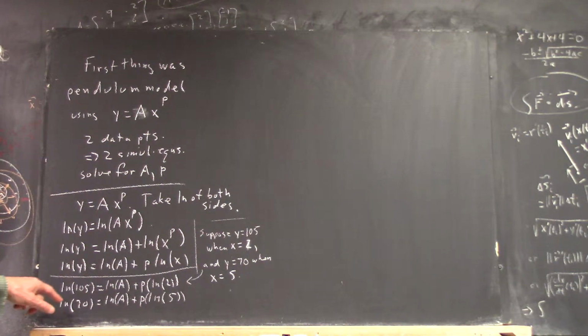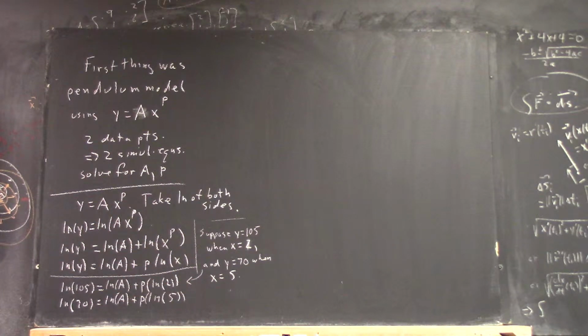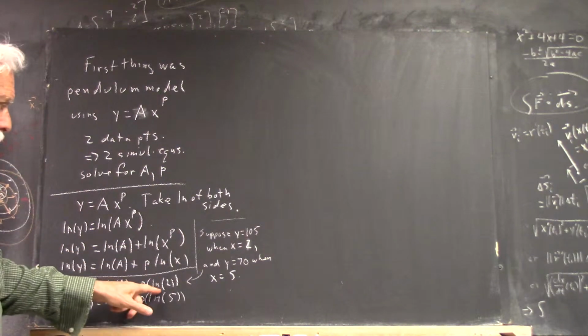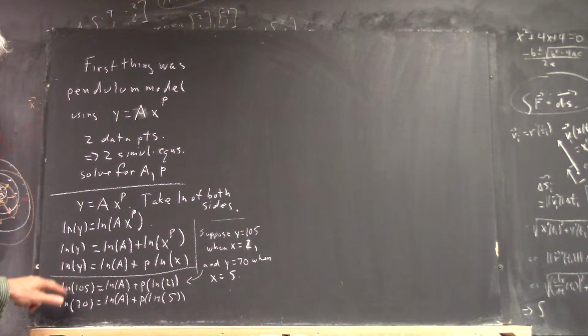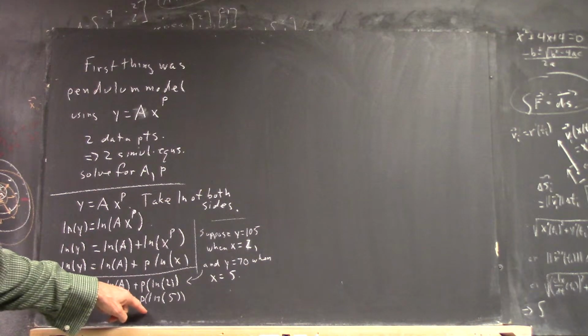Well, natural log of 105, natural log of 70, natural log of 2, natural log of 5 are all just plain numbers, right? Okay? So we're just going to have a number here, a number here, a number here, a number here, and we'll be able to solve this system for A and P, right?